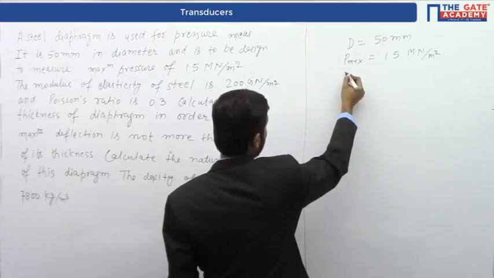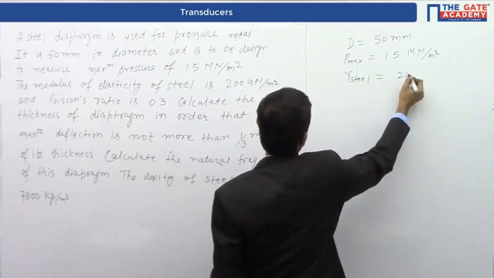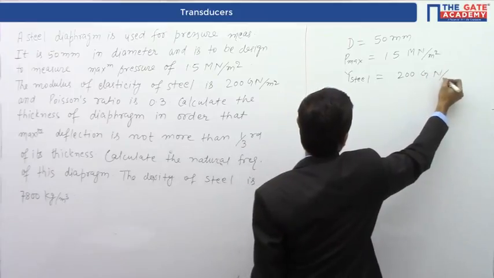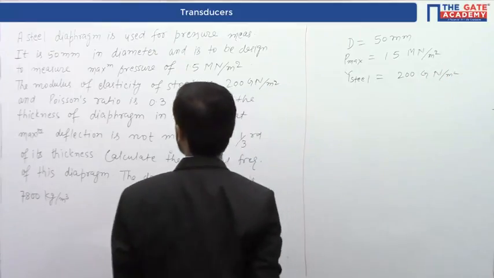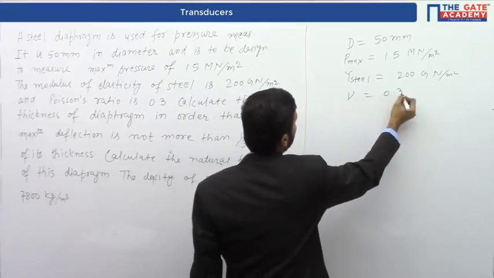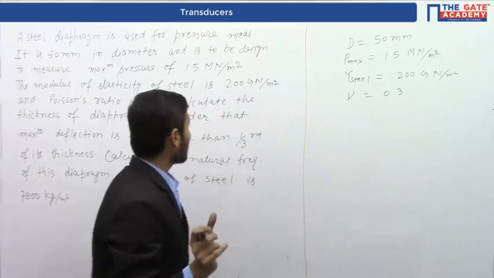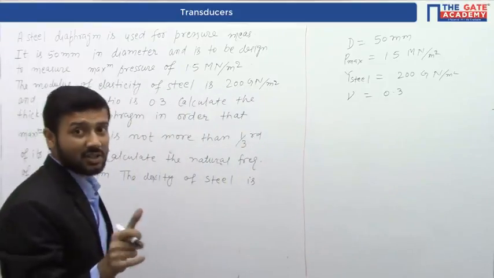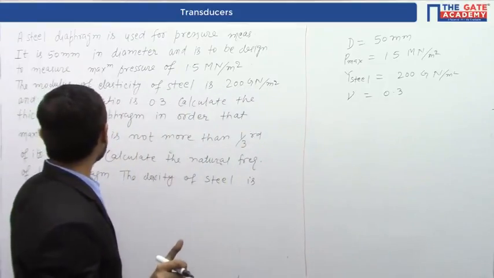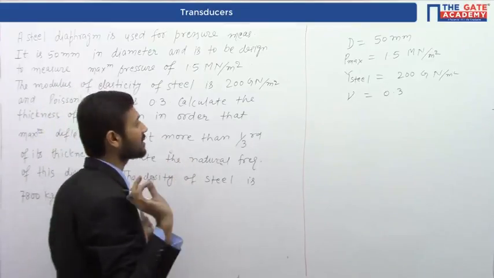The modulus of elasticity of steel is given as 200 GN/m² and the Poisson's ratio is given as 0.3. In the question, it is given to calculate the thickness of the diaphragm in order that the maximum deflection is not more than 1/3 of its thickness.